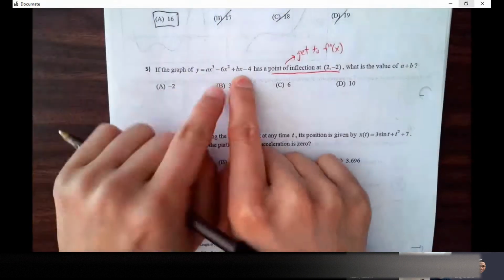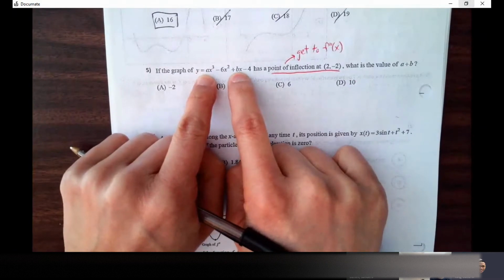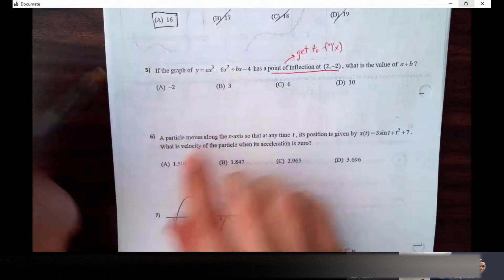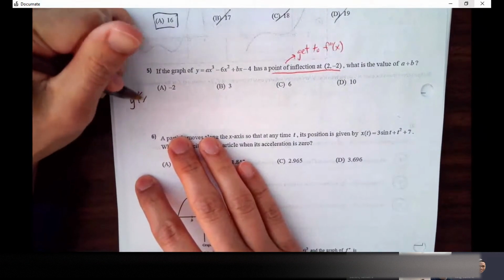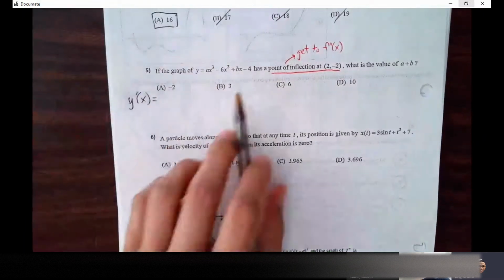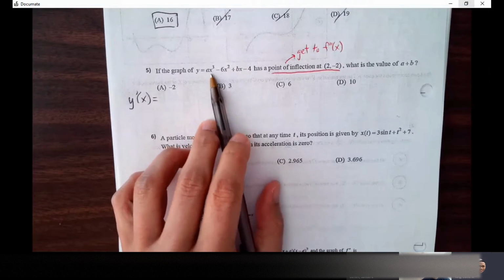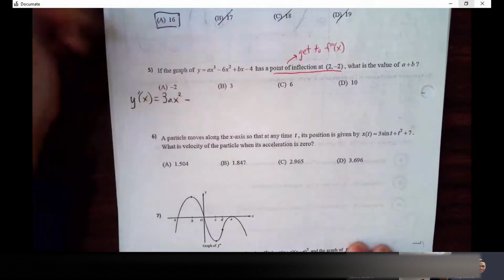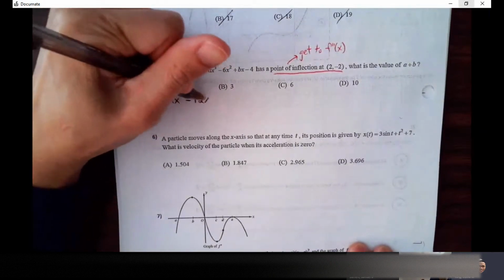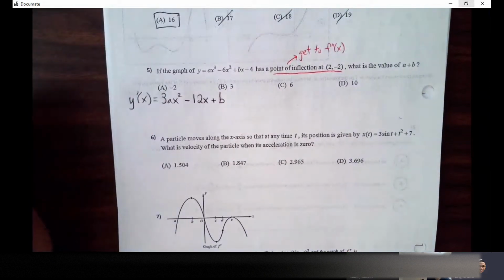Remember that a and b are just constants, so we have to treat them like if it was a 3 or a 5 or 8 sitting in front of these x's. So my derivative, a is the coefficient, it's just going to stay, so I'll bring the 3 down, so 3ax squared. 6x squared becomes 12x, bx becomes b, and then -4 goes to 0.